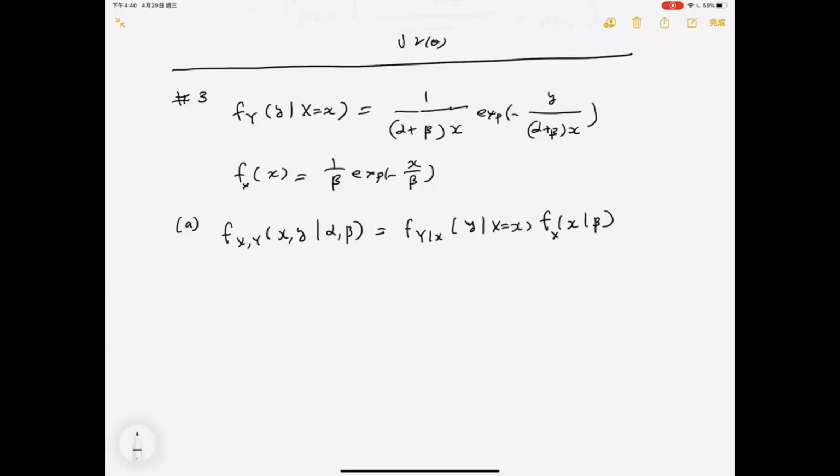You guys shouldn't have any problem deriving sufficiency, because you can use the factorization theorem to do so. Just write down your joint PDF of x and y, and then you will see it's the summation of xi attached with the beta, and the summation of y divided by xi attached with alpha plus beta.